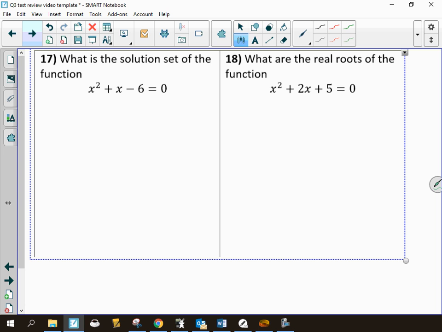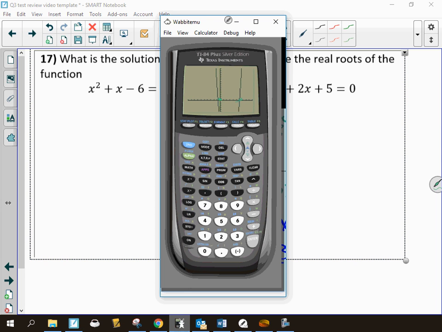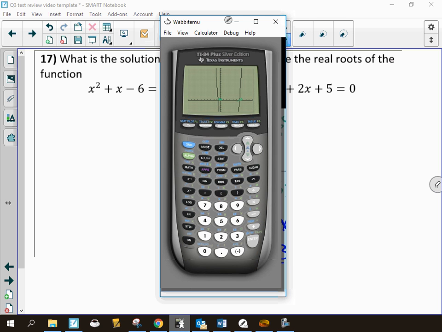What is the solution set of the function? So once again, we can do this the same way. We can factor, we can look at the graph, we can use the PolySmlt app. Any one of those is a legit answer for this problem. If we look at the graph, which for now with the calculator I have is probably going to be the easiest way.